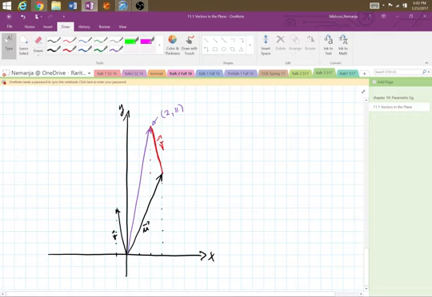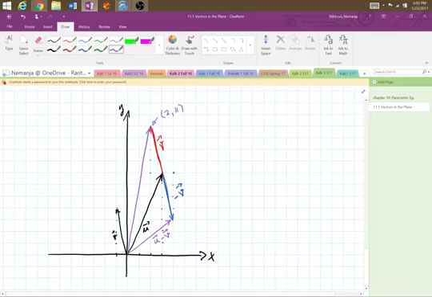I can do the same thing for subtraction, except for subtraction, I am going to add negative v, which means I'm going to go 1 unit to the right, 4 units down. So that's negative v. And then you have the resultant, which is now u minus v.